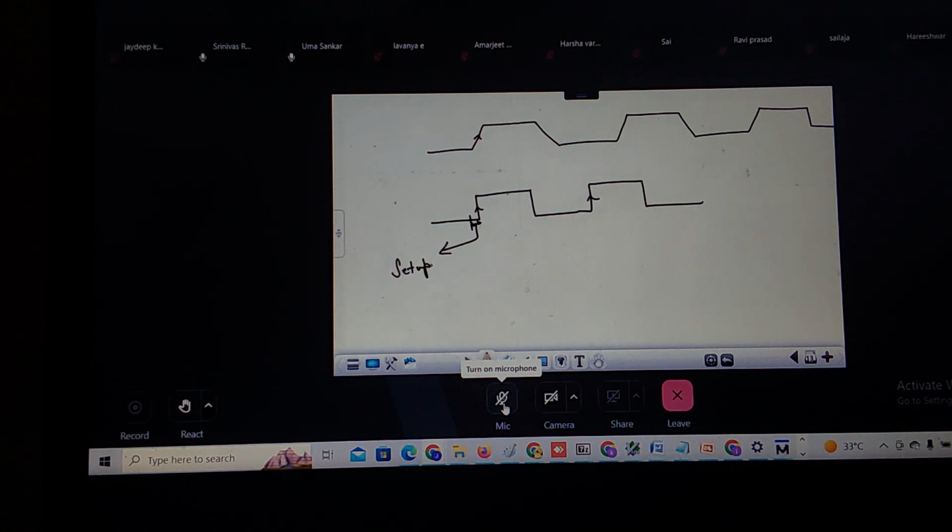It is the minimum amount of time before the clock transition happens, meaning the 0 to 1 transition. This is the setup time. Once the 0 to 1 transition happens, the minimum time period after the transition, meaning the positive edge, is nothing but the hold time. This is with respect to the rising edge, positive edge triggering.